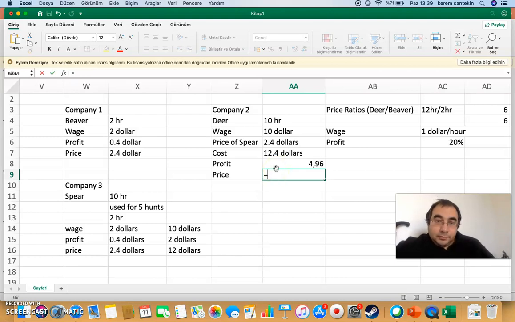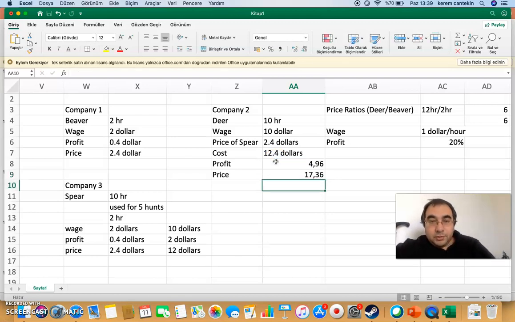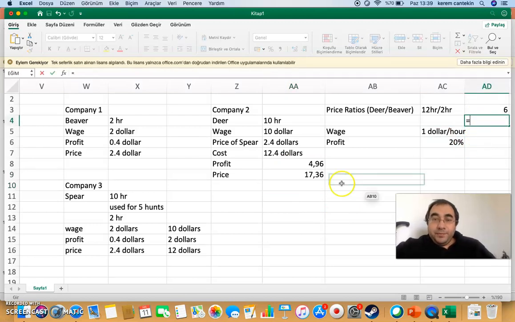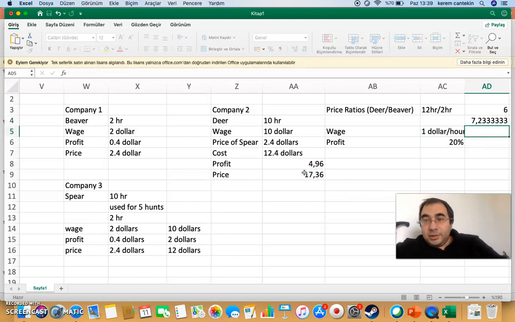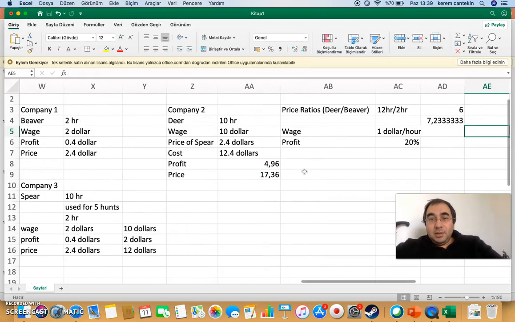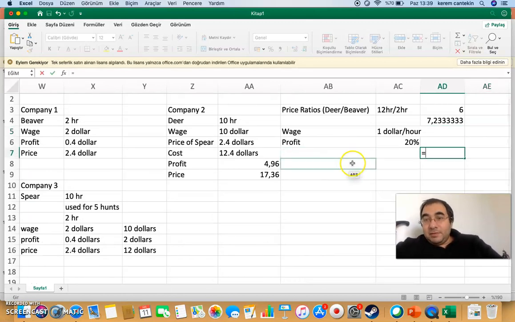Now this amount plus 12.44. So the ratios now become this amount divided by 2.4, not anymore 6. It's not anymore 6. Let me see the deviation.